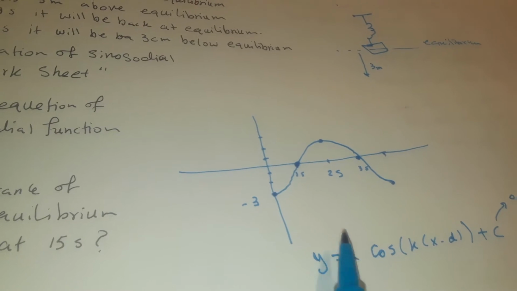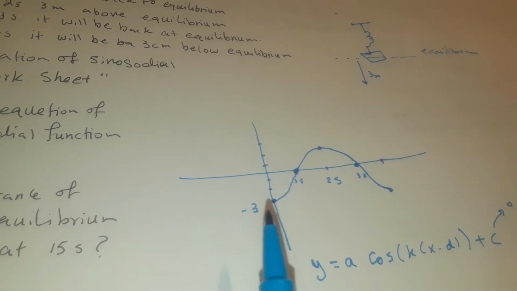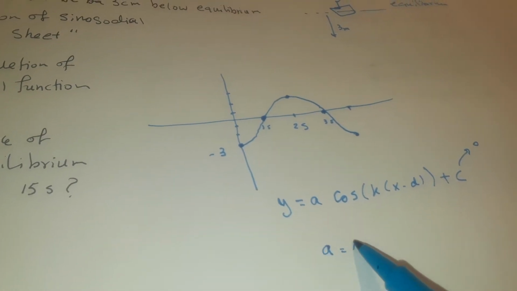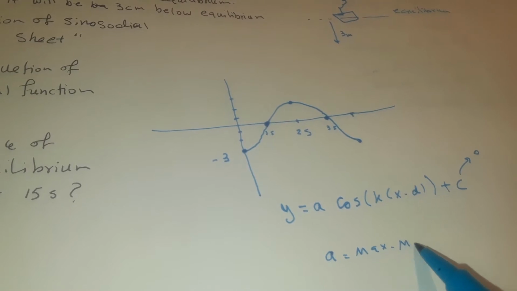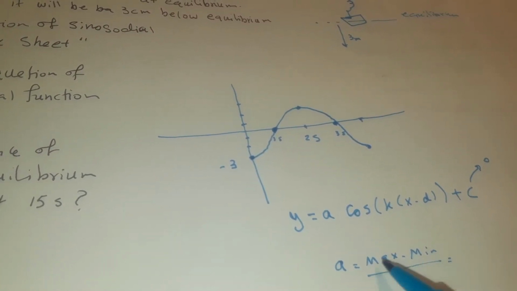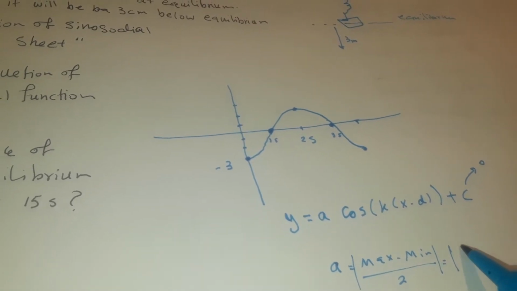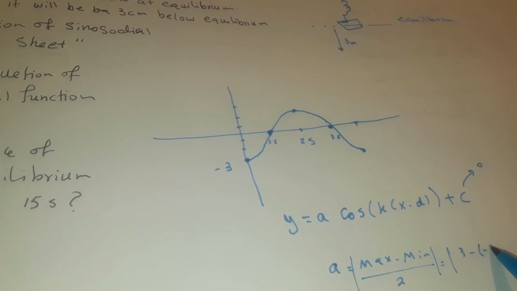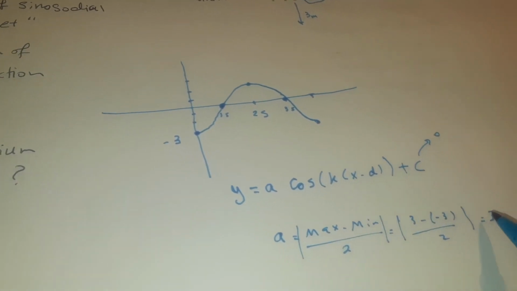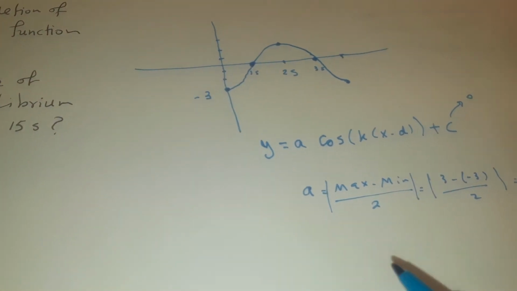A is amplitude. Everyone knows the amplitude is half the distance between the maximum and minimum. So if you want to find A, it's going to be max minus min divided by 2. We take the absolute value of that. The maximum is 3 minus the minimum, negative 3, divided by 2. It's going to be what? 3 again. So the amplitude is 3.